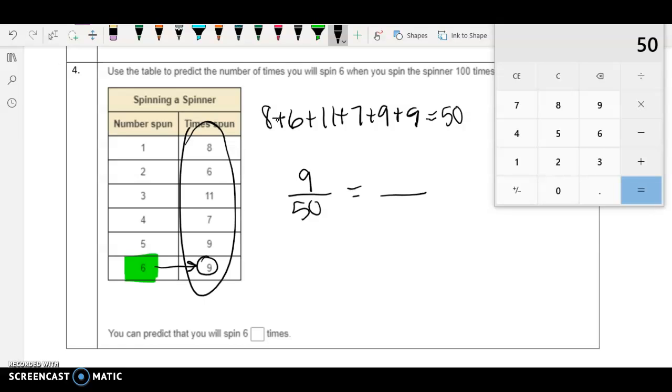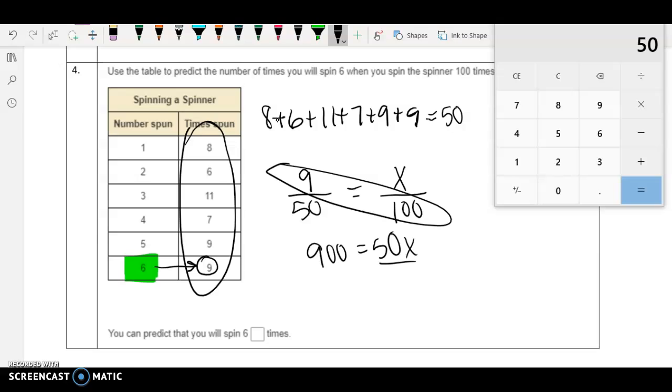So if I want to know out of 100 times, you can do this a few ways. You can cross multiply, which will give you 900 equals 50x, and then divide by 50 on both sides. And when you do that, you get 18 equals x. Or you can see that to get from 50 to 100, I multiply by 2.